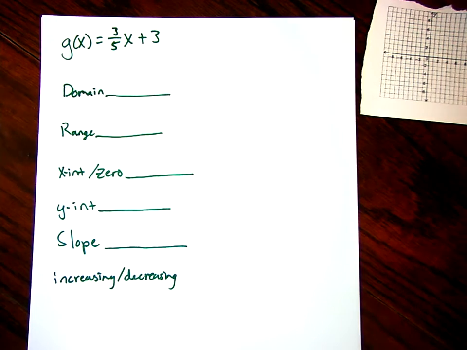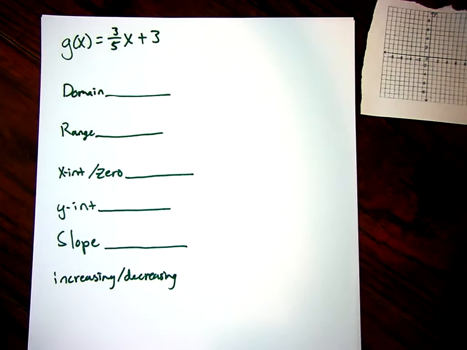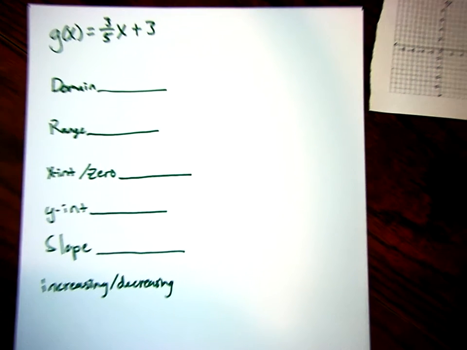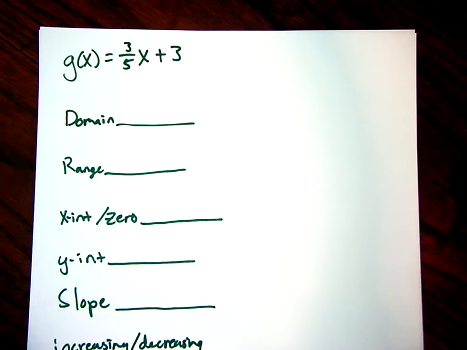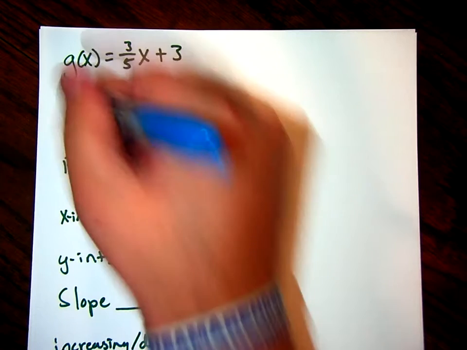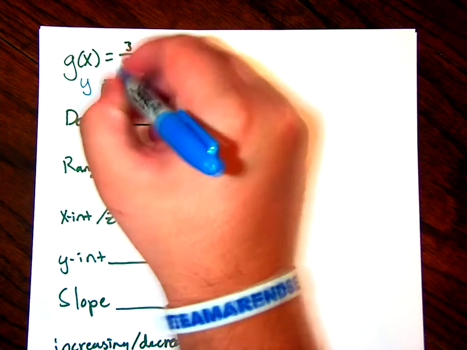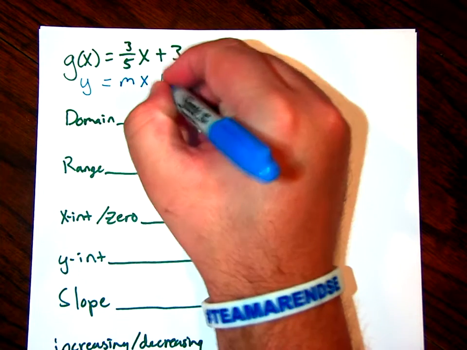Okay, so here's the function g of x equals 3/5 x plus 3. The first thing we need to recognize is that this is written in a particular form for linear equations. It's actually written in slope-intercept form. If you recall, and also on your formula charts, slope-intercept form tells you y equals mx plus b.